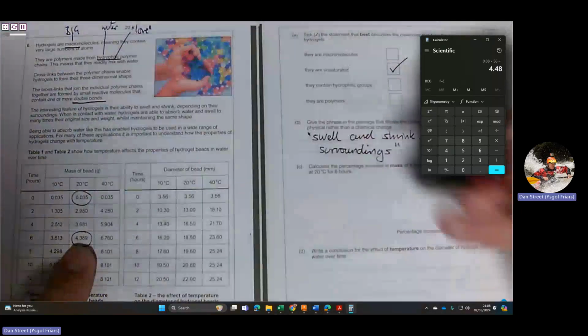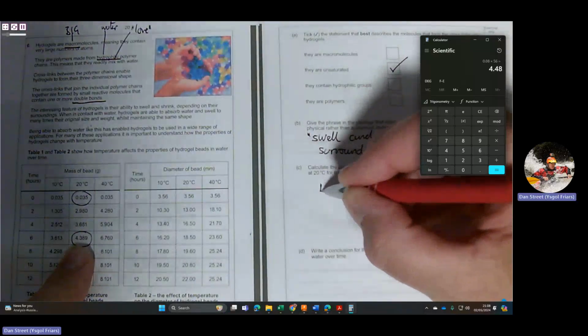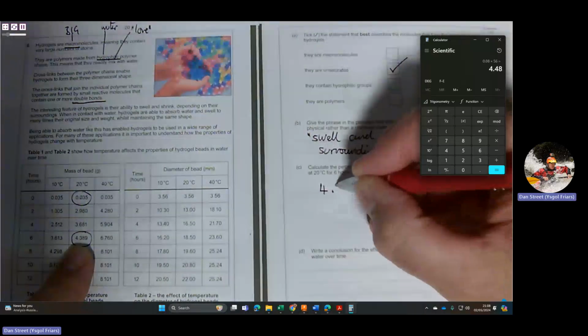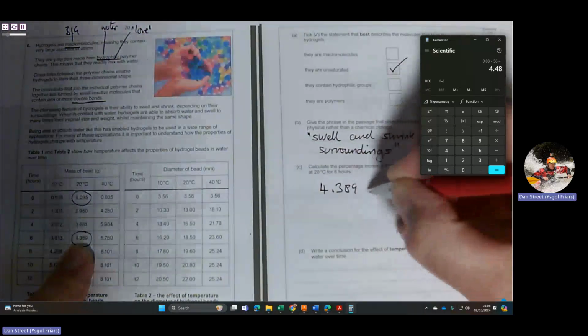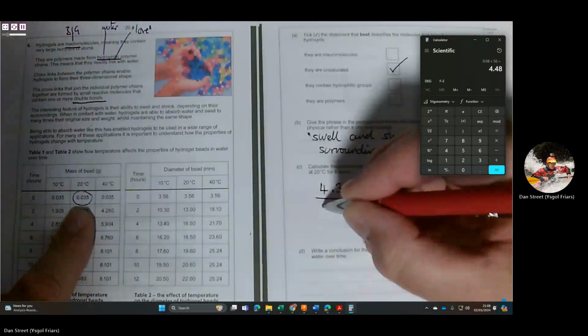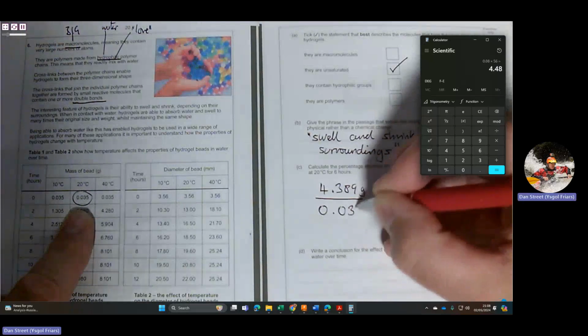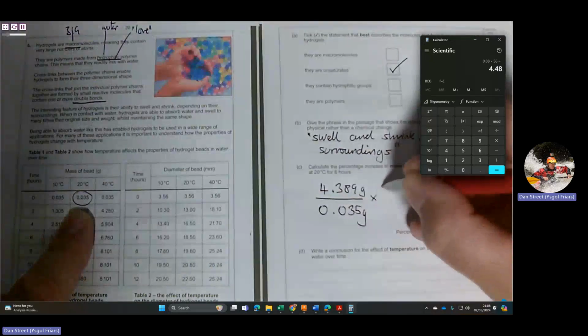That's the key value because that's the mass of the bead after 6 hours at 20 degrees Celsius. So to calculate the percentage increase, we need to do 4.389 grams divided by the original mass, 0.035 grams, and then times that by 100.